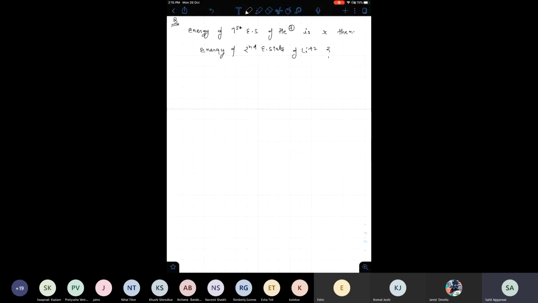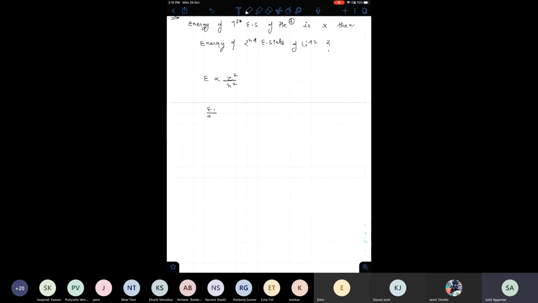Kimaya is saying X only. Komal 9x by 16. Jared X. Deepika 9x by 16. Shivangi X. Sejal X by 3.